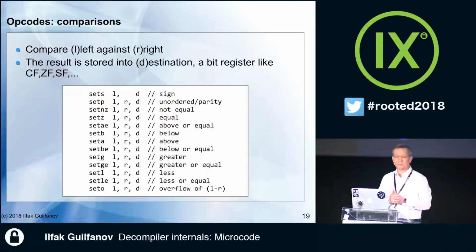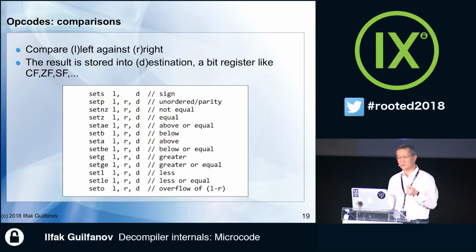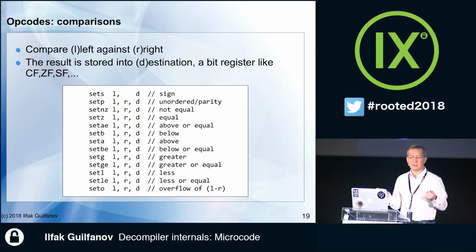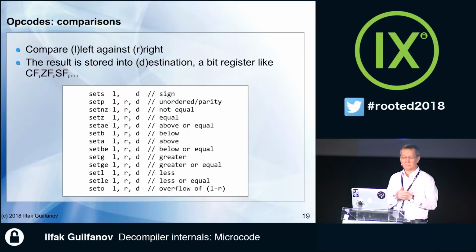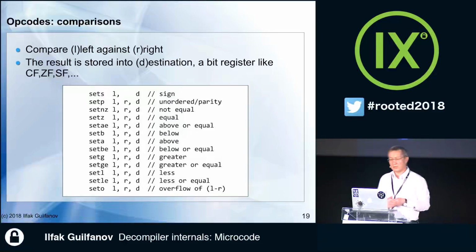Then we have a set of comparisons. So we compare left against right and store the result into a so-called bit register like a carry flag, zero flag. You see that these instructions mimic what normal standard traditional processors have.